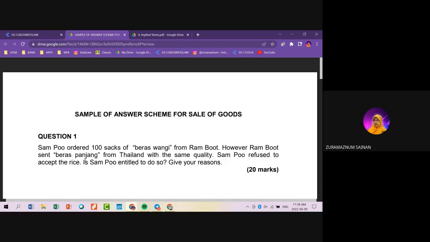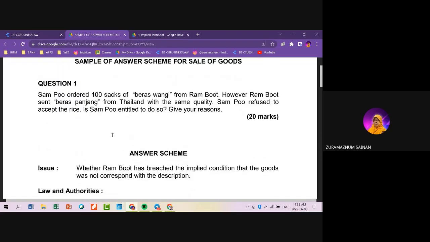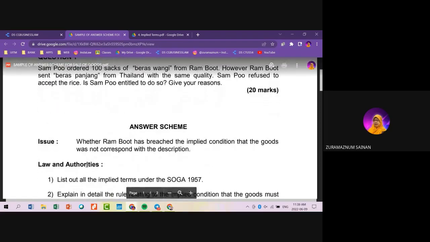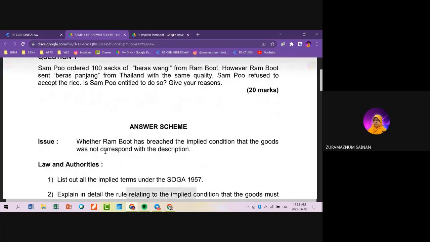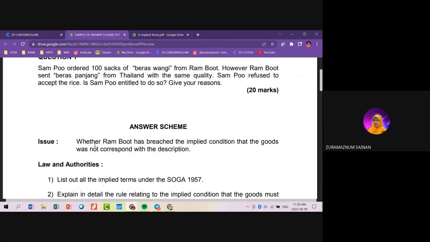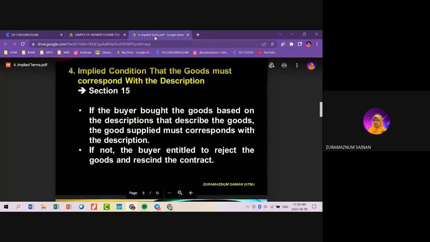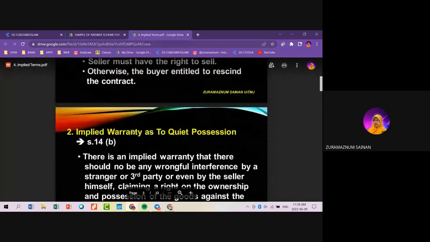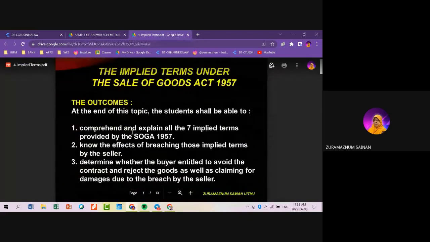Minta ini dapat ini. Right, so the answer scheme, okay, how to write the issue, macam ni pun cukup. Tapi start your sentence with whether. Whether Rambut, seller kan, whether Rambut has breached. Sebab dalam implied terms, yang you kena tahu ialah you kena cari seller tu breach ke tidak. Kalau you tengok dekat nota, you look back at the objective outcomes dia.